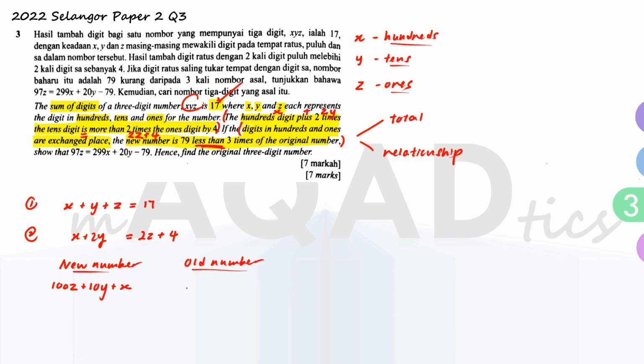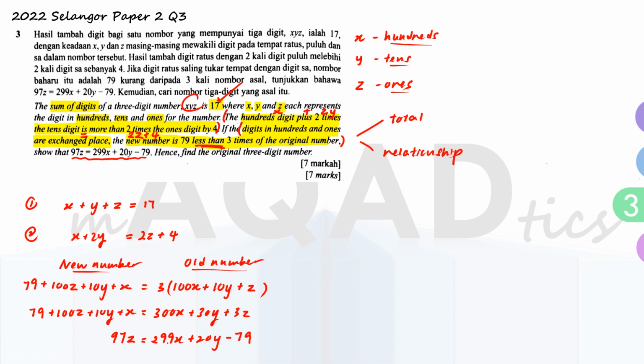For the old number, it would be, so going back to the question, it says the new number is less than the original number by 79, so the 79, I will add it here. And it says less than 3 times of the original number, so I need to multiply 3 here. And we can equate it. So now we need to simplify this equation, which is exactly the same as the one we need to show. Okay, so this is our third equation.